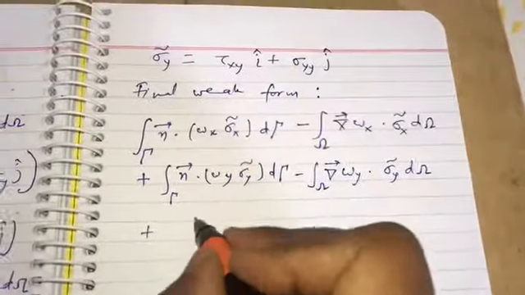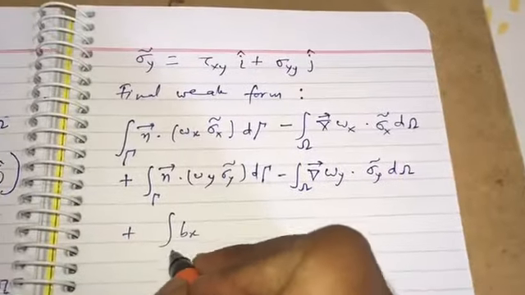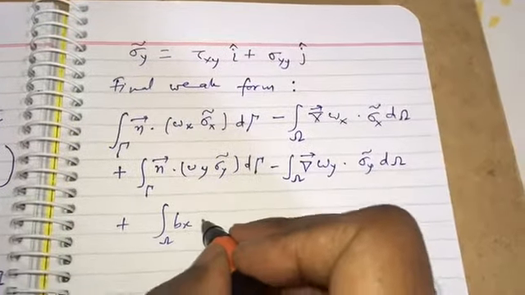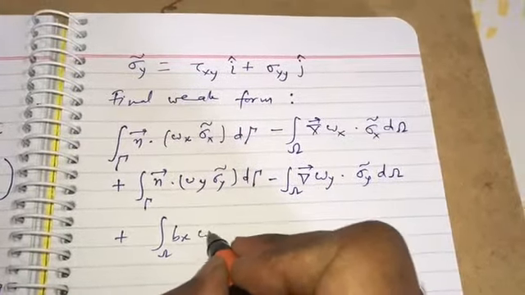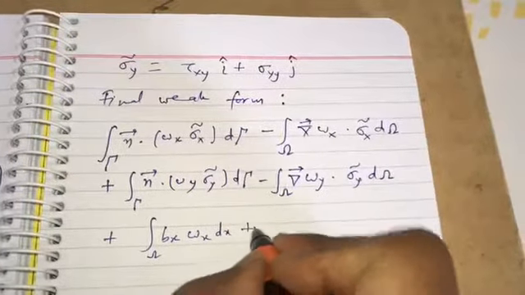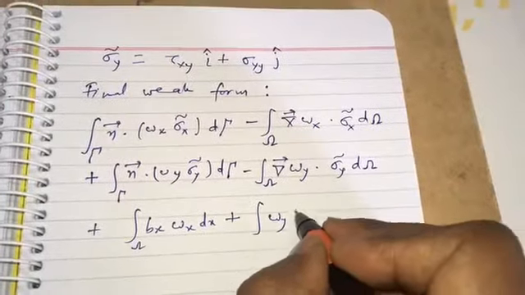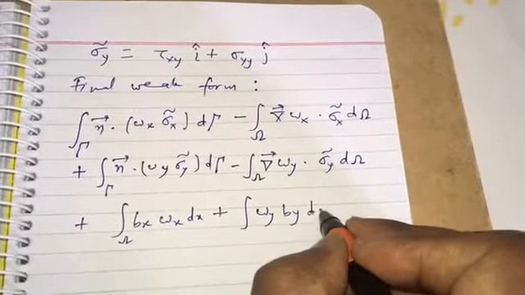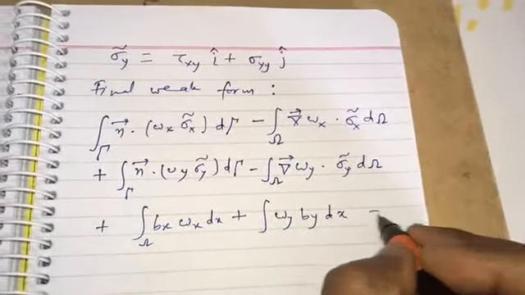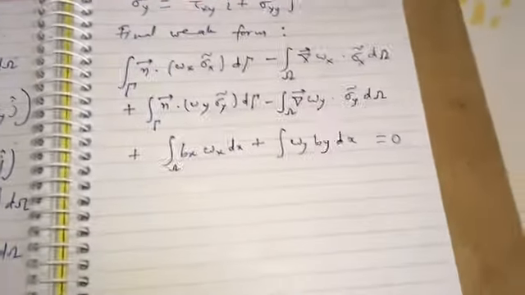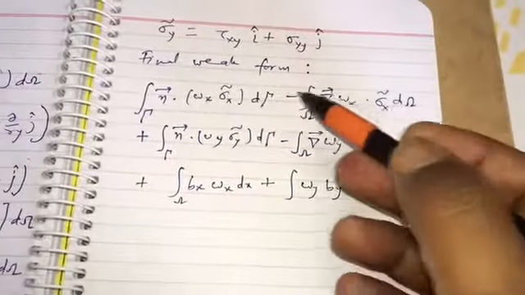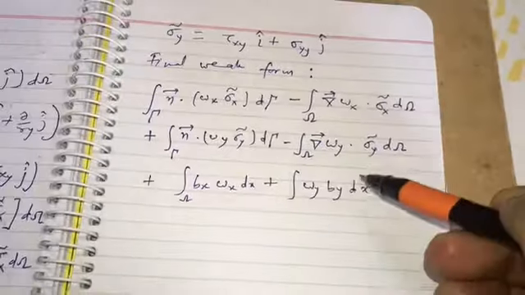Plus the body force terms, bx times wx d omega and similarly wy and by d omega, equal to 0. So this is what the final weak form is.